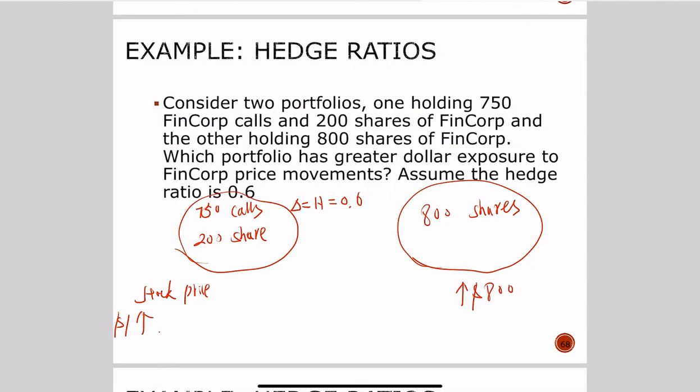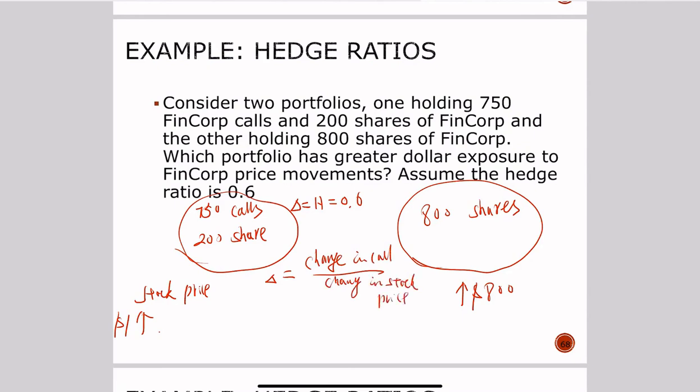Now what about the first portfolio? Well, the first portfolio has two kinds of assets. The first is calls, and the second is shares. So for 950 calls, if stock price increases by $1, because the delta here is 0.6, remember that delta equals change in call value divided by change in stock price.